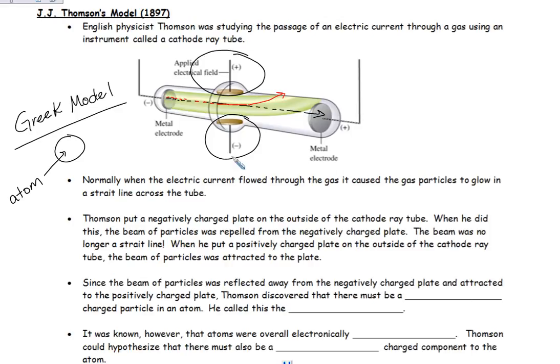So if my little laser beam, my charged atoms, my electrocuted atoms, are attracted to the positive, repelled from the negative, there must be something in an atom that also has a negative charge. Thomson discovered that there must be a negative.